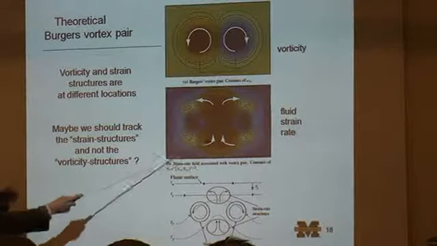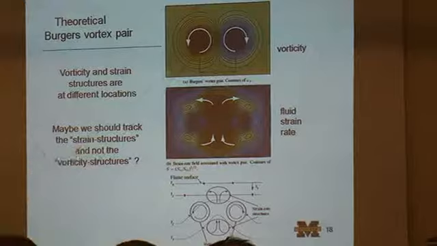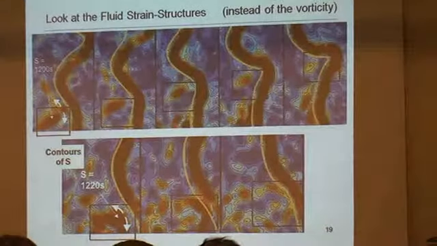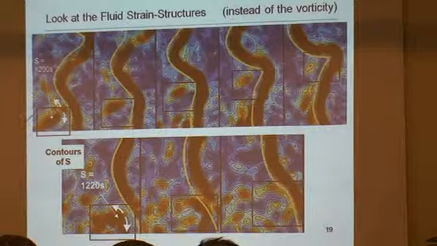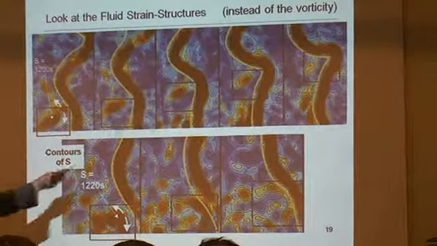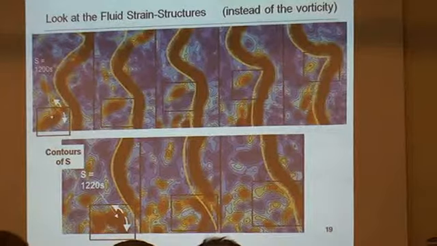What if we start looking at these structures instead of these structures? This is the same data, but now we're looking at contours of the strain rate. And you see strain structures, and they look different from the vortex structures.